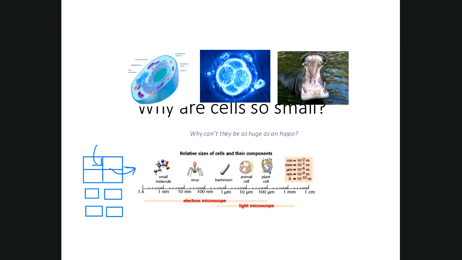Oxygen and carbon dioxide diffuse across the membrane. So now oxygen is going to move into that cell, and carbon dioxide is going to move out of that cell, and this actually has a shorter route to go.